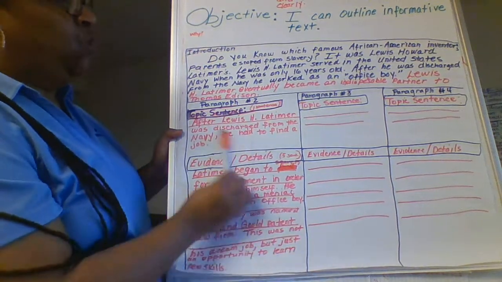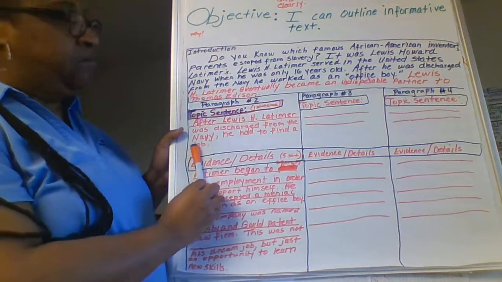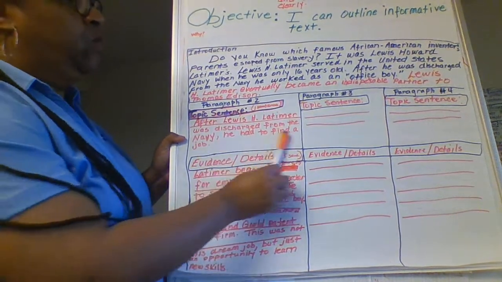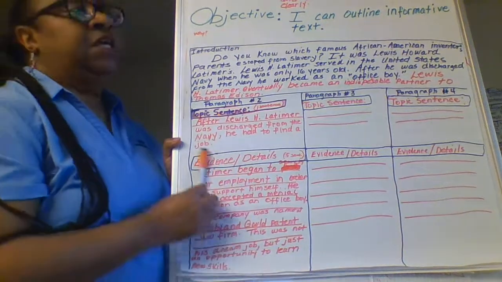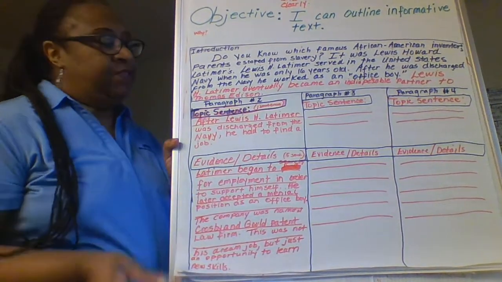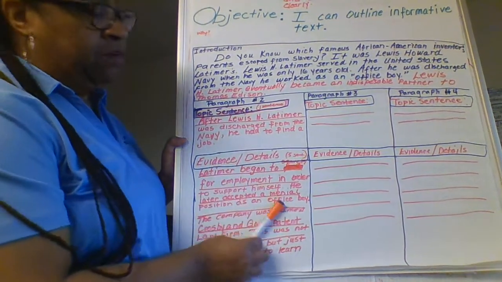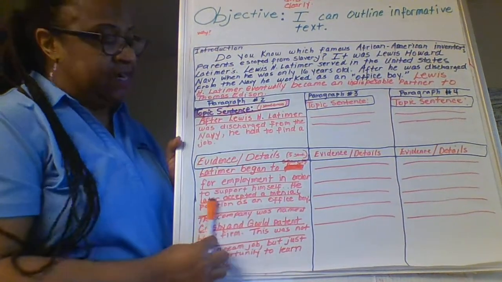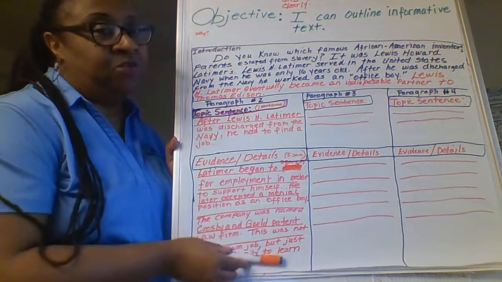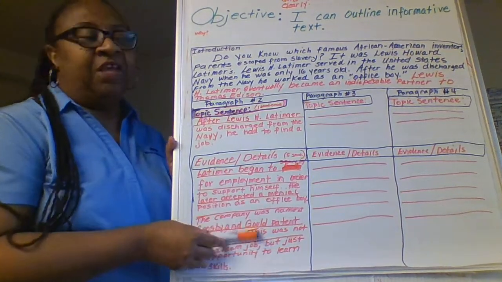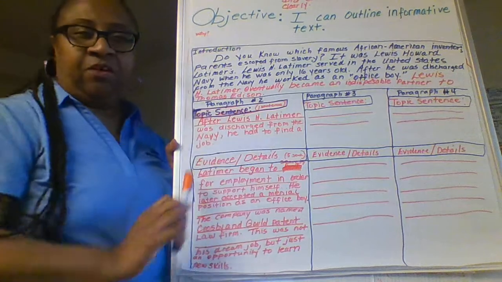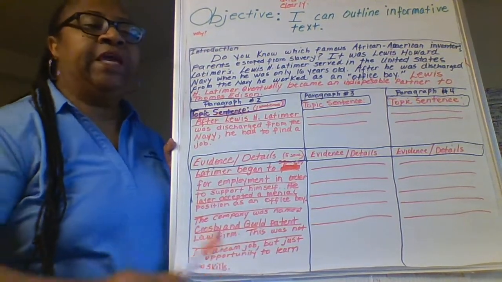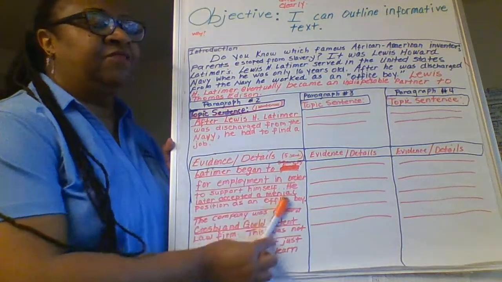So now that we have our second paragraph, we talked about that after he left the Navy, he had to find a job. And so he accepted a menial position, and now we know the company's name and what his title was for that job. So now, what can we talk about next in our next paragraph? How could we expand on this information?